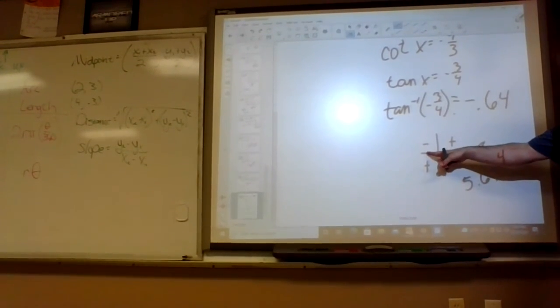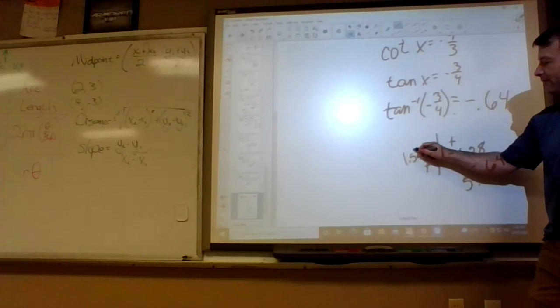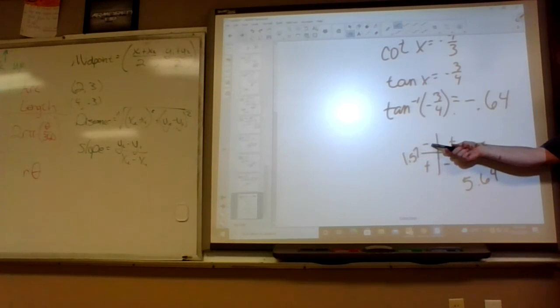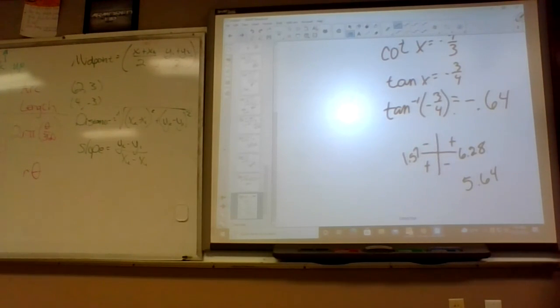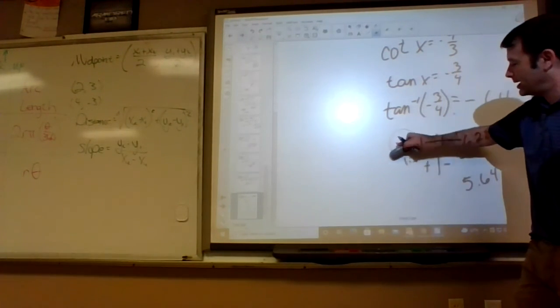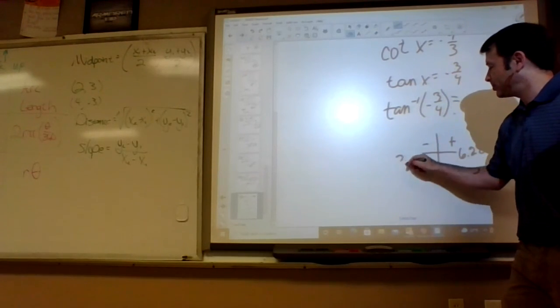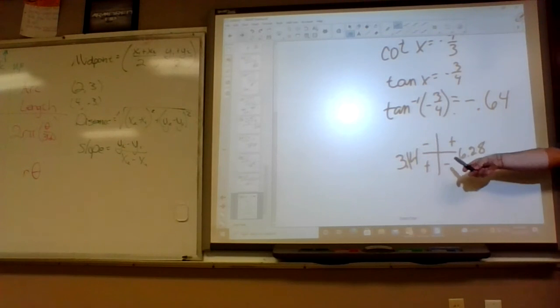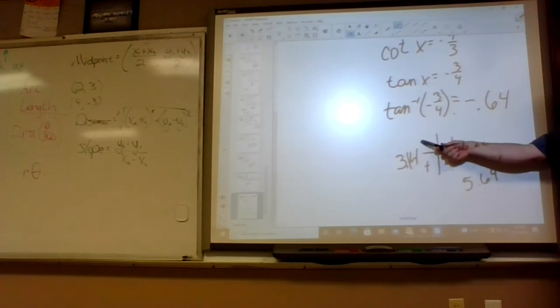And then you also need the 2nd quadrant angle: 3.14 minus 0.64, that'll get you the 2nd quadrant.